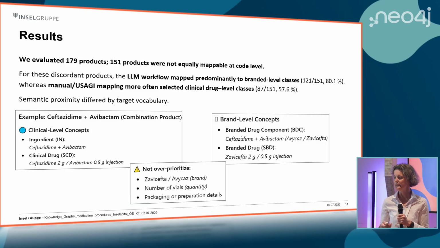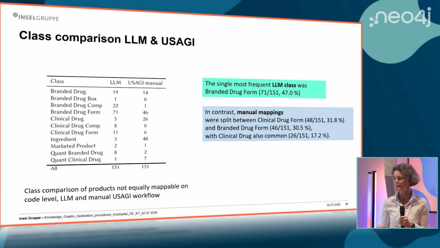And we see here for the example we talked about before, the result that we have one concept that was prioritized by the brand and the other one by the clinical drug. So we do have different results which were both offered in the RxNorm catalog, but do represent a different level of information.